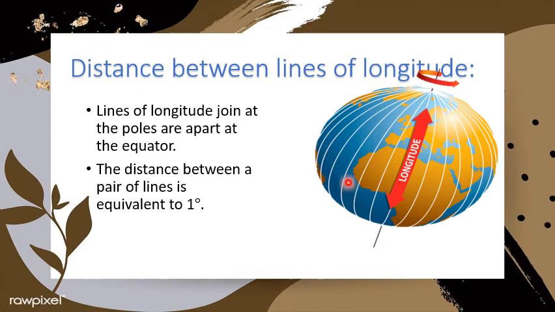Now, there is a distance, okay? These lines are not merged, they are separated from one another. The distance between two of the lines, or a pair of lines, is equivalent to 1 degree. The prime meridian is at 0 degree and the distance between two of the lines is 1 degree. These are the things you have to remember.